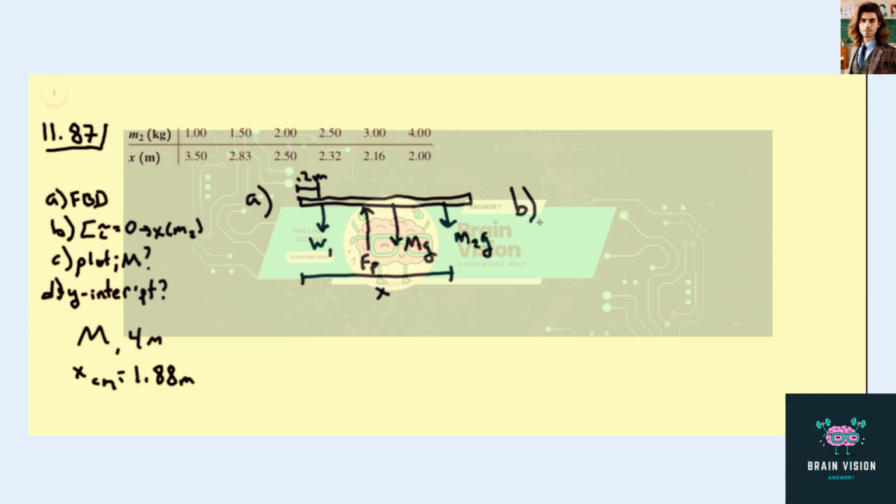Next, we want to use the equilibrium condition to find our x as a function of the second mass. This weight over here has a mass of 2 kilograms.